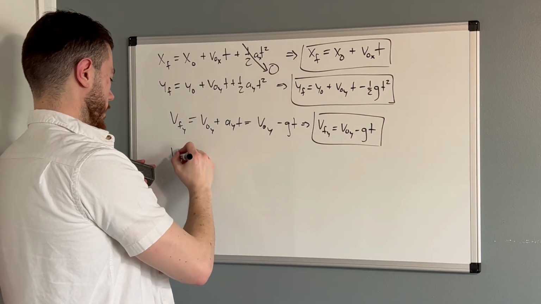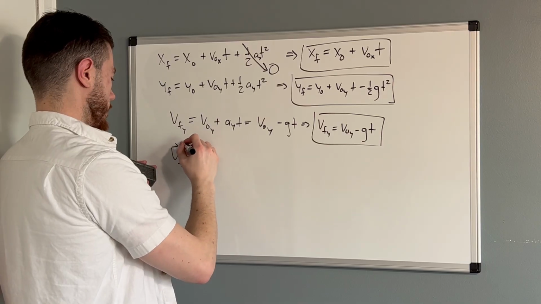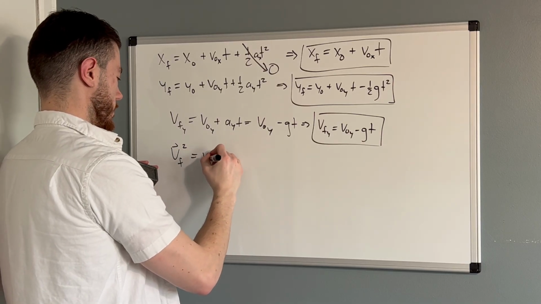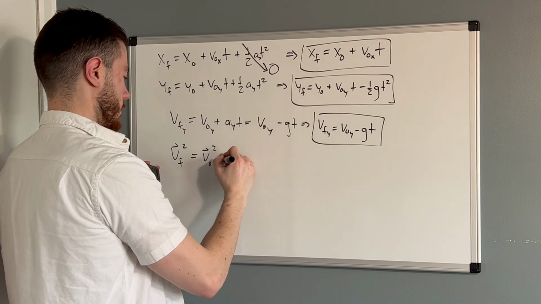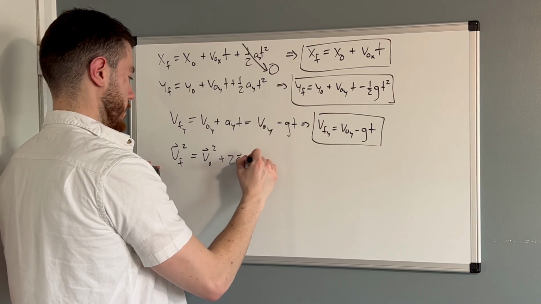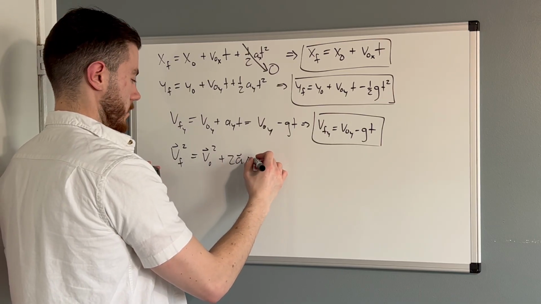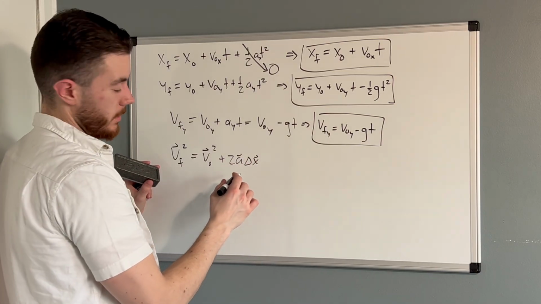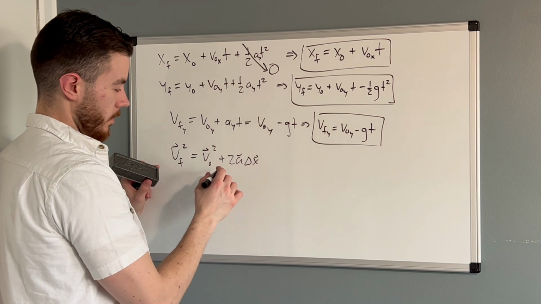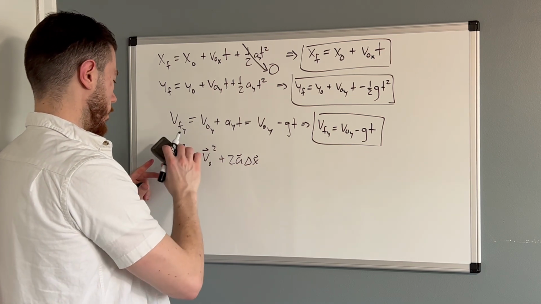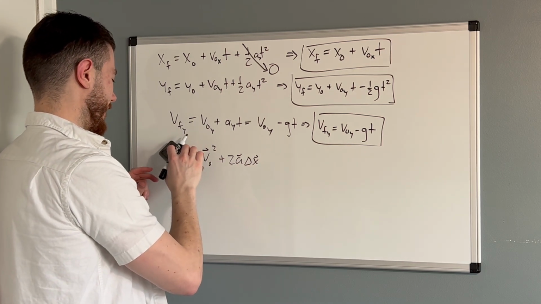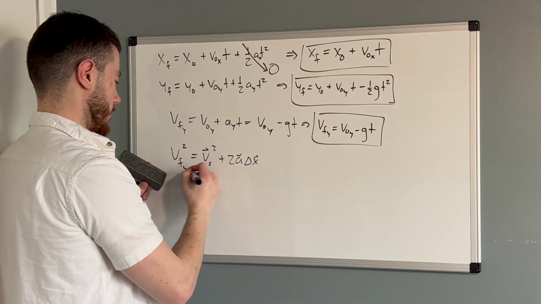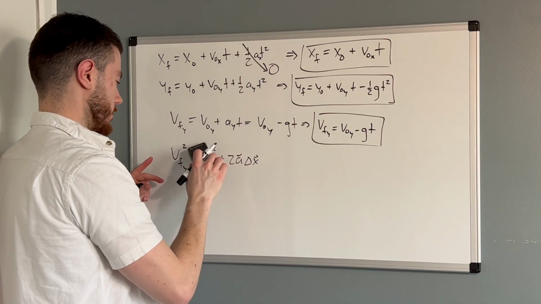Same reasoning with vf squared equals v naught squared plus 2a delta x. For the x component, the acceleration is 0. Again, that's saying 1 equals 1. But if we do the y component, it tells us some information.